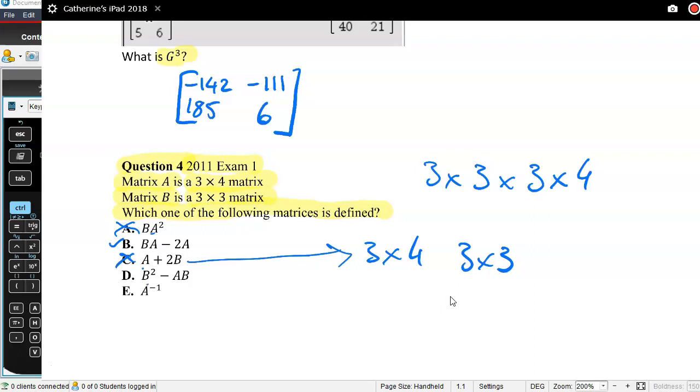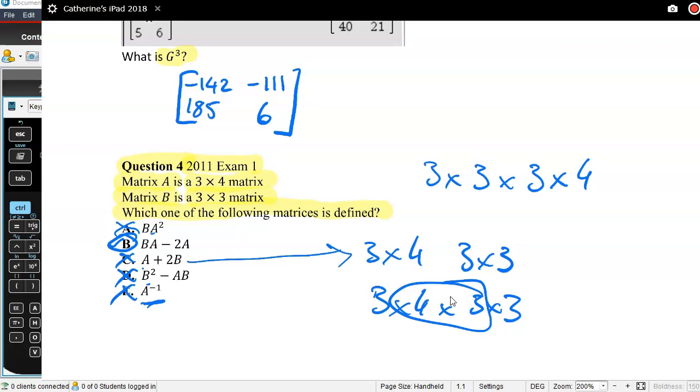B squared we can do because B is a square matrix, but AB, can we do AB? 3 by 4 times 3 by 3. No, we can't because they don't match. Can't do D, and A is not a square matrix, so we can't find its inverse. So it is B.